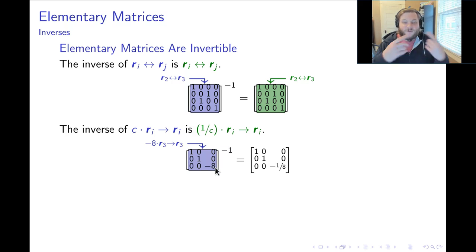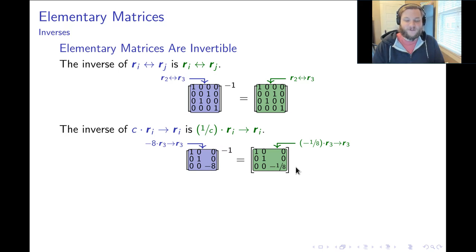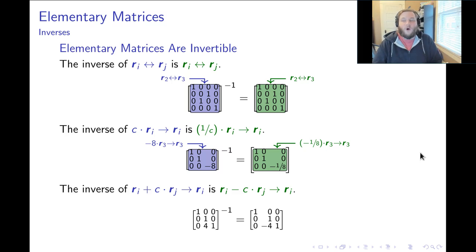Well, the reverse of that row operation is scaling row 3 by -1 over 8. So the inverse of our elementary matrix here is the elementary matrix constructed by scaling row 3 by -1 over 8 instead of -8.